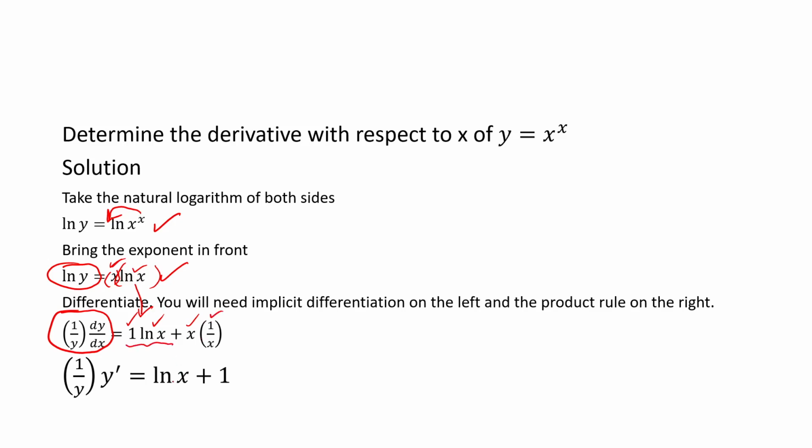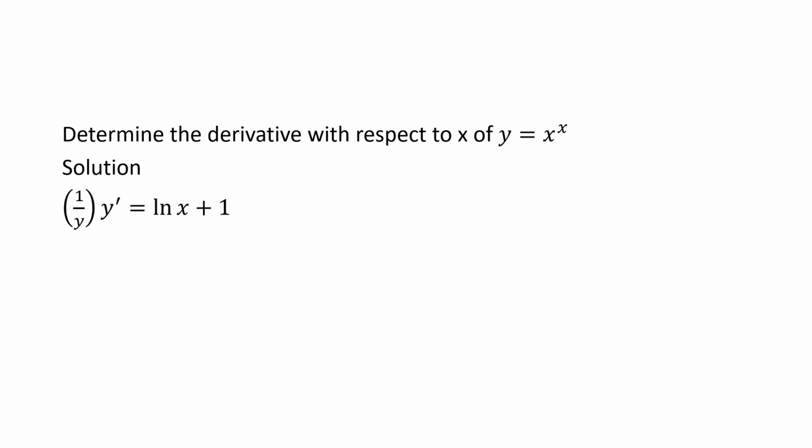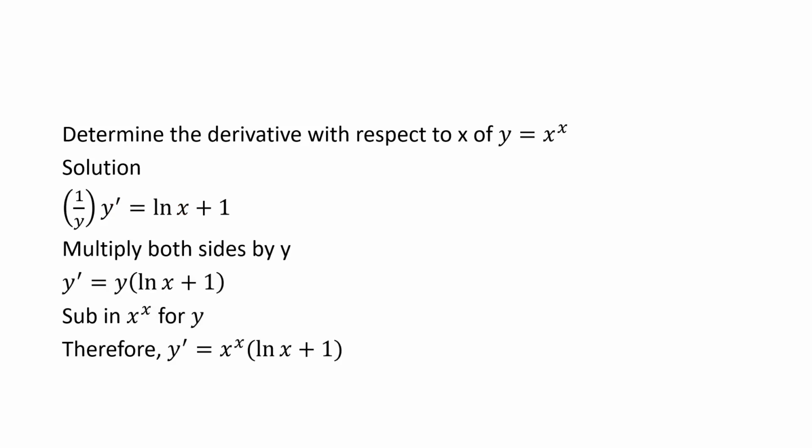So 1 times ln x is clearly equal to ln x, and x times 1 over x is equal to x over x, or in other words, 1. So at the bottom there, we have 1 over y times y prime equals ln x plus 1. Now, what we can do is simply multiply both sides by y, and that'll give us just y prime on the left, and y times the ln of x plus 1 on the right.